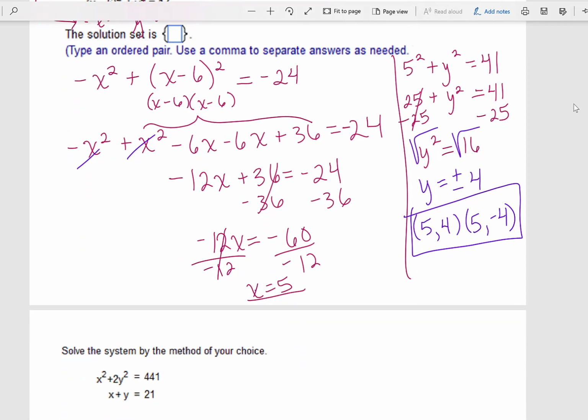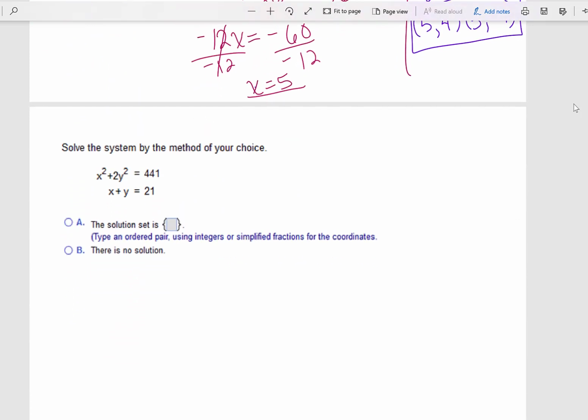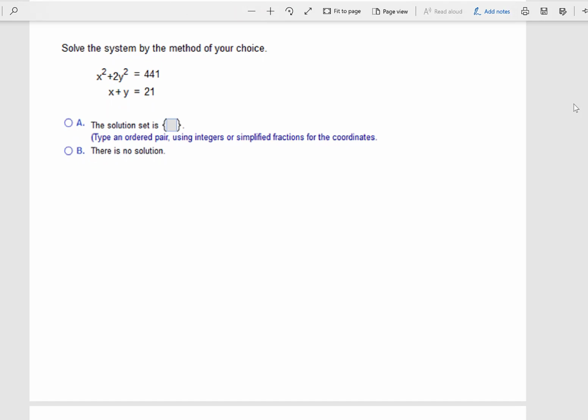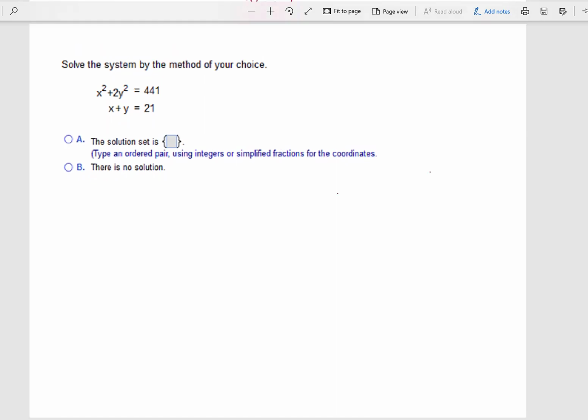So hopefully you're seeing by now that although the math does get a bit more challenging than 8.1, the approach is the same. So this one tells us to use the method of our choice. I'm going to use the substitution method because it seems easiest to just rewrite the second equation, solve for x, and then I can substitute that 21 minus y in for x in the first equation.